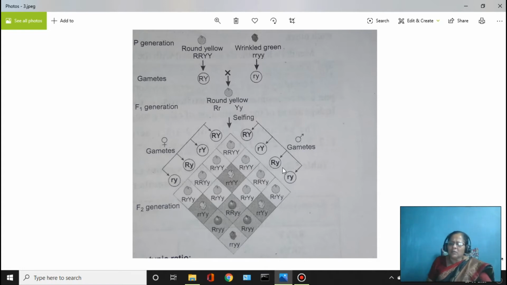That is the law of independent assortment. The segregation and inheritance of one pair of characters is independent of the other one. That is why he got these new combinations, wrinkled yellow and round green.